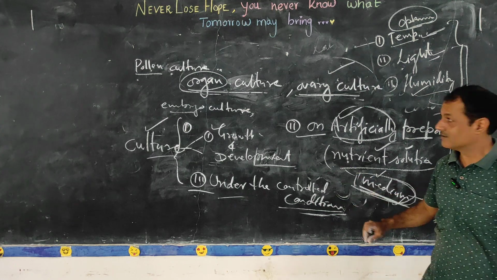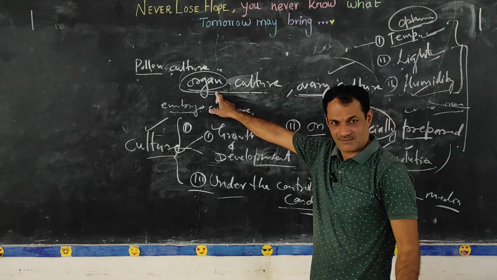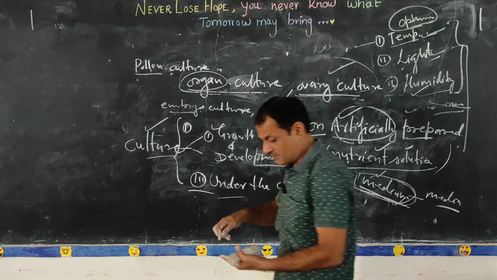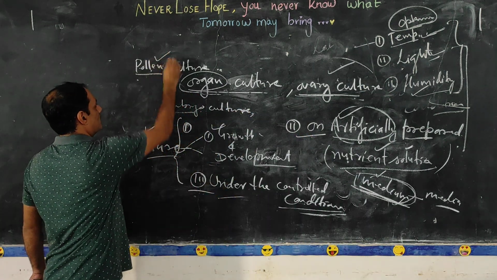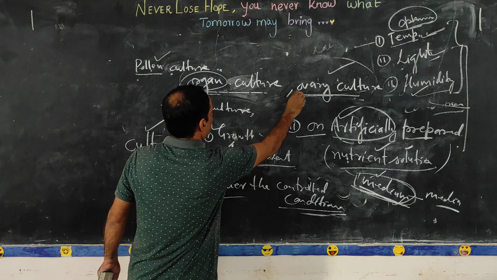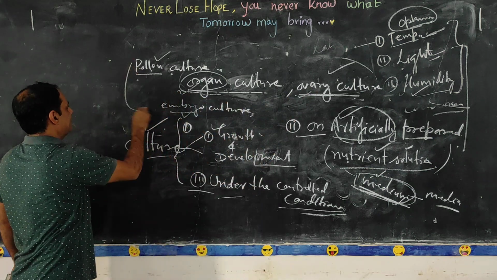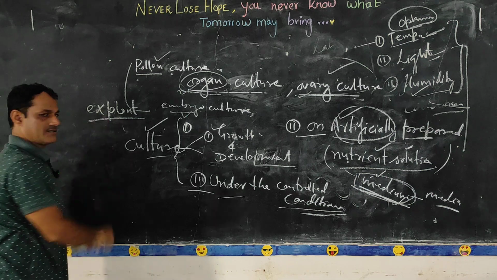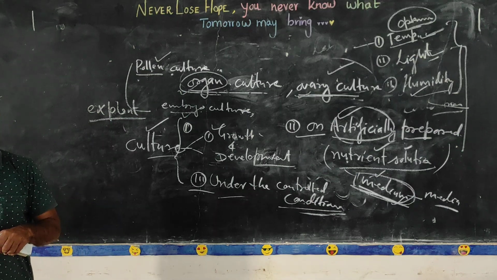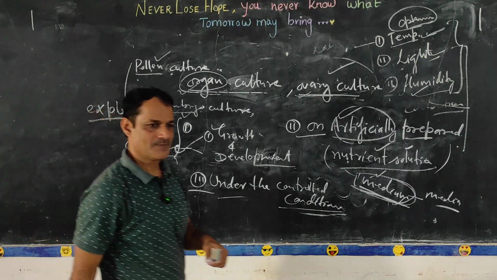So, what is the difference here? What we are culturing. Here it is pollen, here it is organ, here it is embryo, here it is ovary. This is called as explant. What is explant?